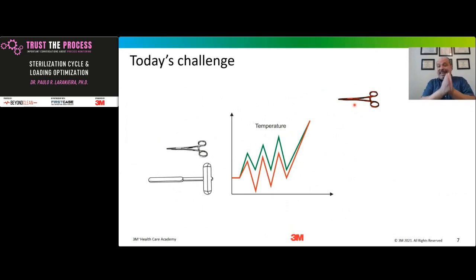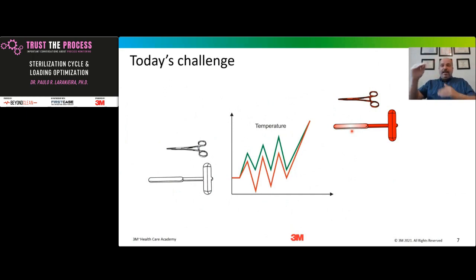So for the metallic devices, that temperature is identical on all surfaces of the instrument. But for that device that has metallic and non-metallic parts, I'm going to have some areas that, when they reach that last phase of the conditioning going to the sterilization, are still going to have a higher difference in temperature.